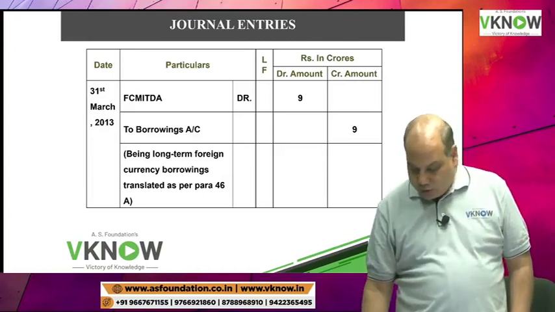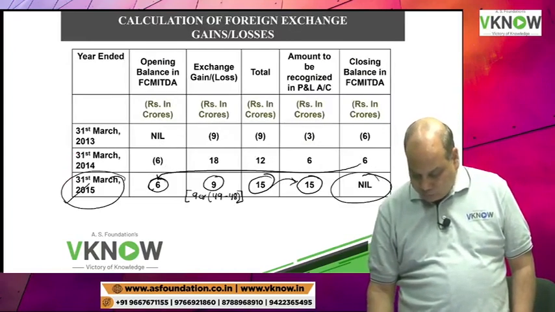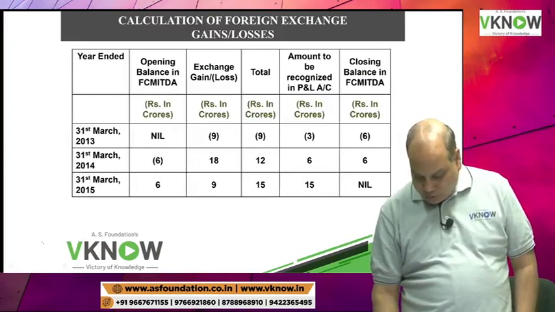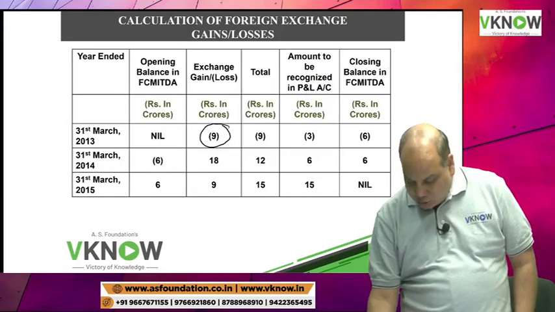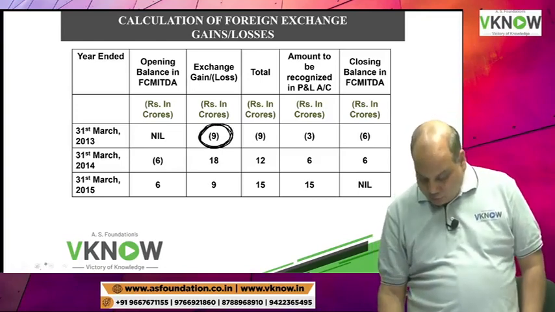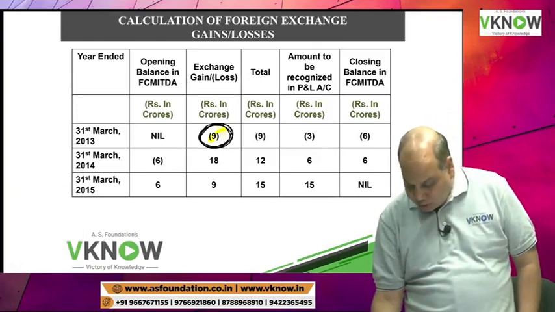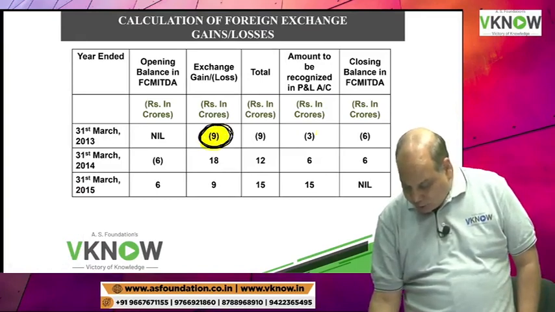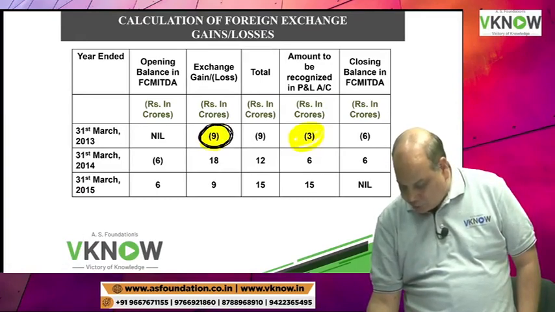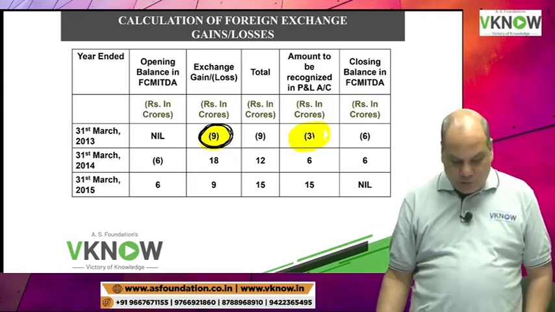So if you look at this table, 9 crore loss will arise due to exchange rate. So I am right now going to pass entry for this 9 crore, and then I am going to pass entry for writing off 3 crore. Is it right?